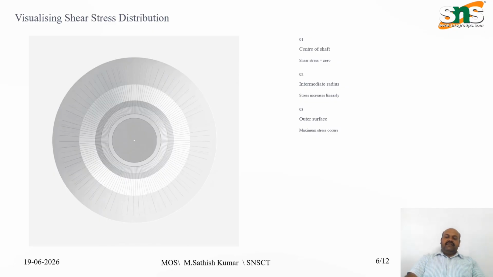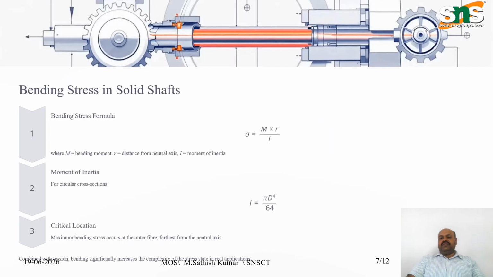The center of the shaft shear stress is 0, where there is a point, a hollow point, and the intermediate radius stress increases linearly, and outer surfaces maximum stress occurs. So the maximum stress occurs at the outer surfaces.